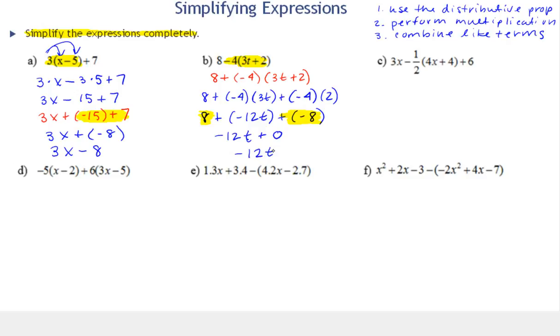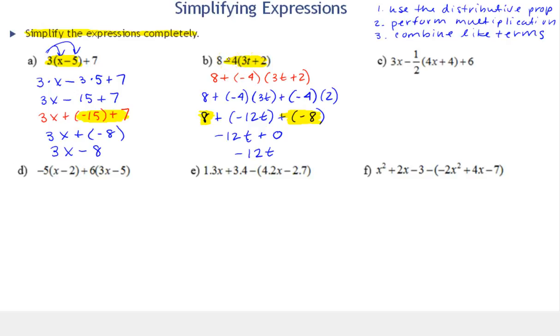Okay? So I'd like you to look from this step to this step right here. The way I really think of this is, instead of rewriting the plus negative 4, I look at the subtraction symbol, think of that as a negative, and just multiply.